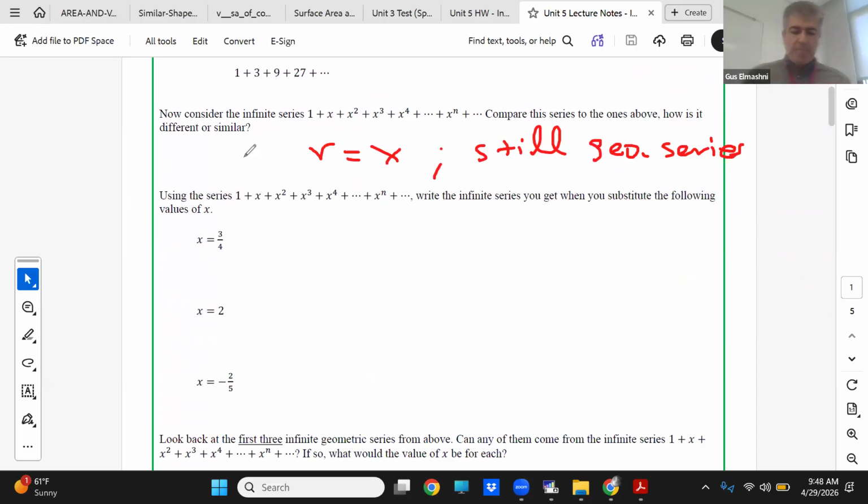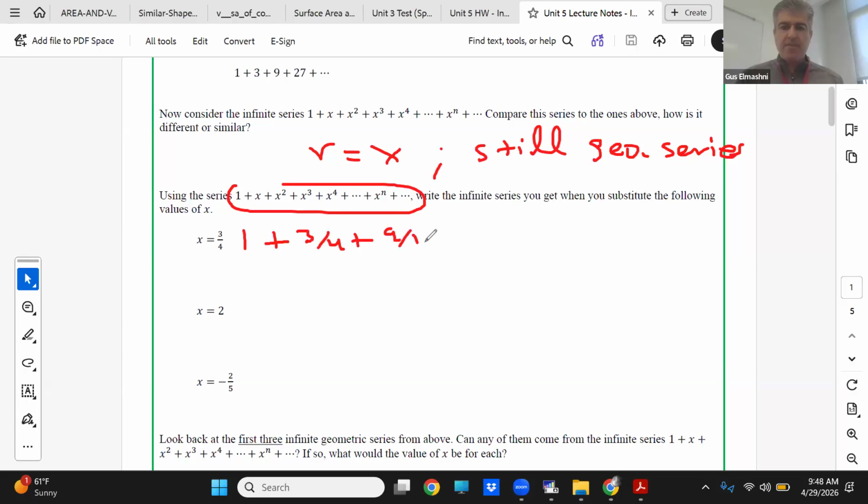Now, using this expression, write the infinite series you get when you substitute the following values of X. Well, obviously that's 1 plus 3/4 plus 9/16 plus dot dot dot plus 3/4 raised to the n power.